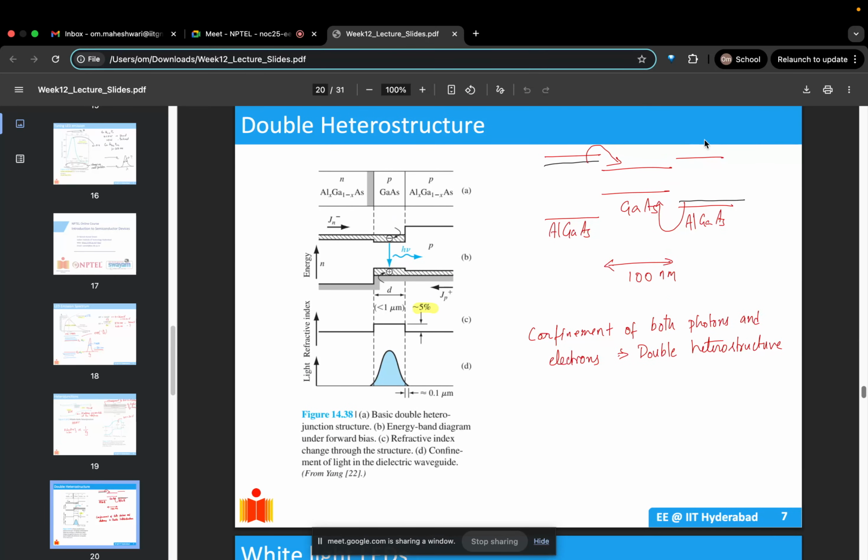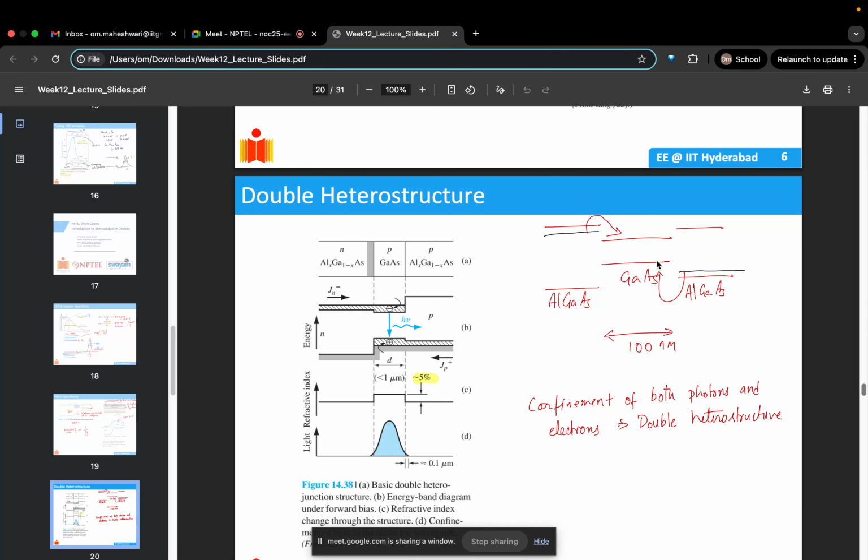So mainly we prefer to have double heterostructure. In double heterostructure, this gallium arsenide is the light emitting material, right? So the electrons and holes will be trapped in this double heterostructure because here the band gap is smaller, here band gaps are larger.